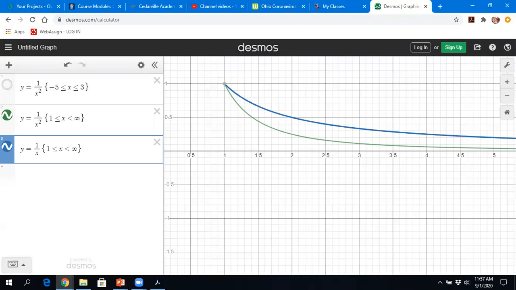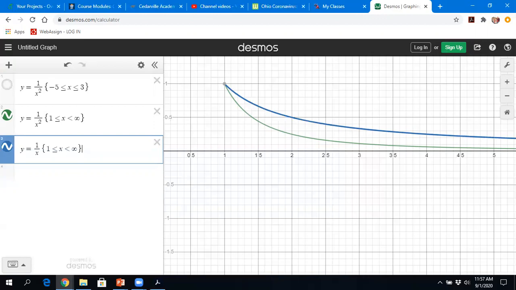Yes, it's 1 over x. So with a power bigger than 1, like 1 over x to the 1.01, even that, if I integrated it from 1 to infinity, would be finite.